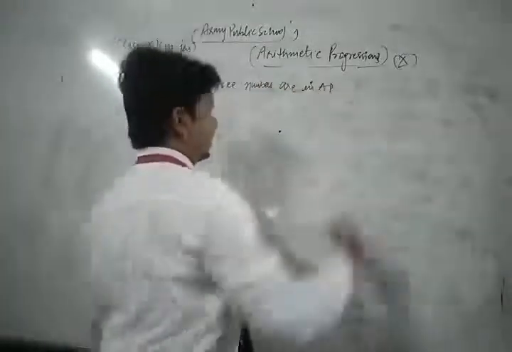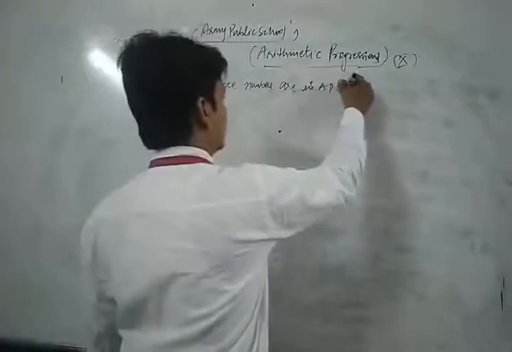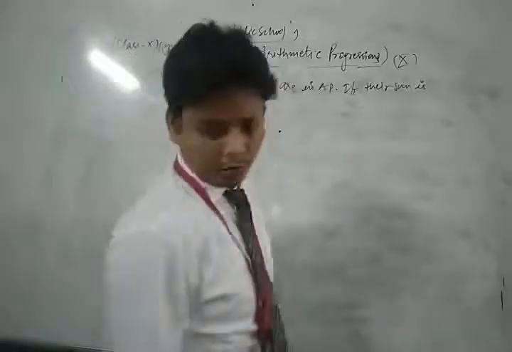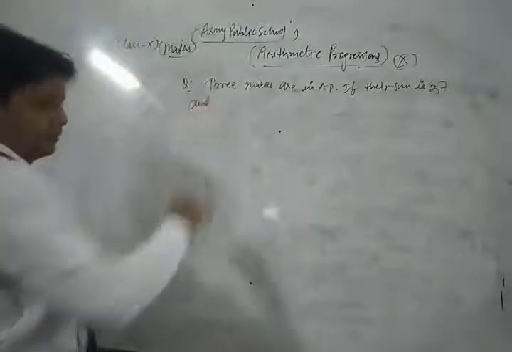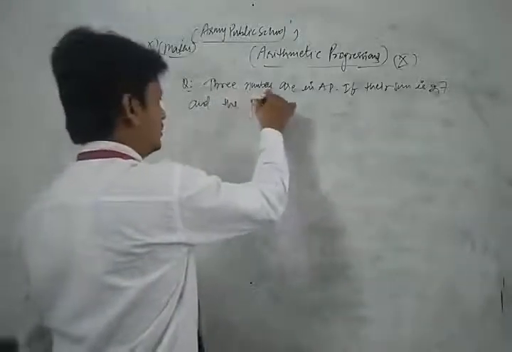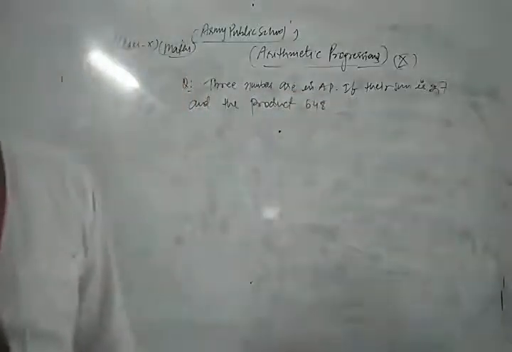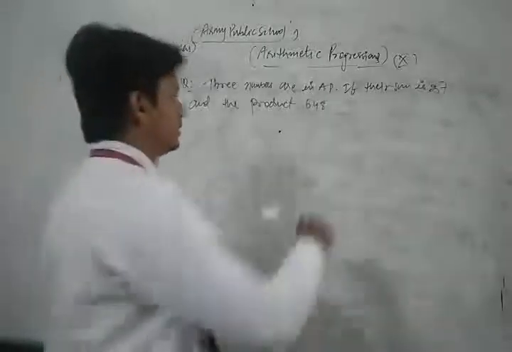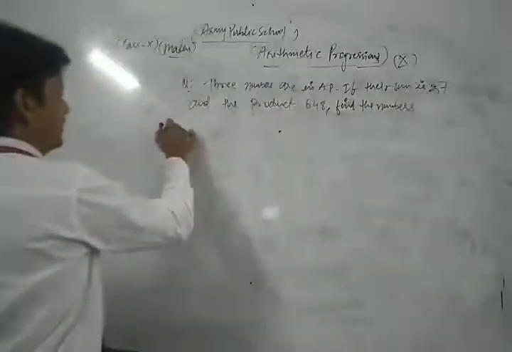If their sum is 27 and the product is 648, find the numbers. Let's see the solution.